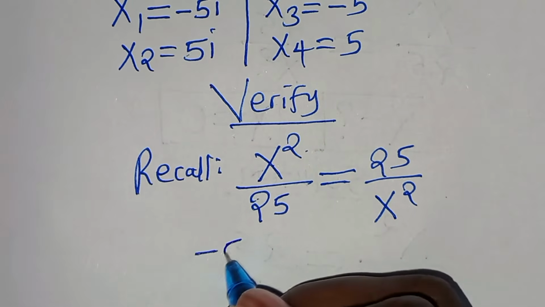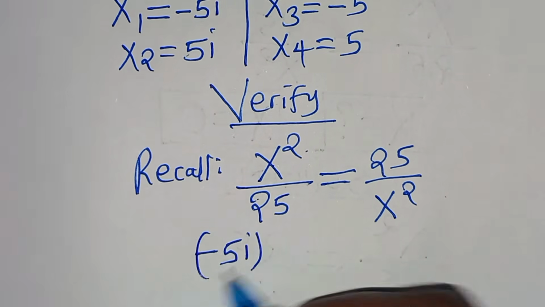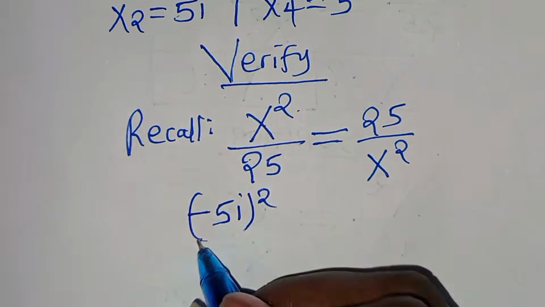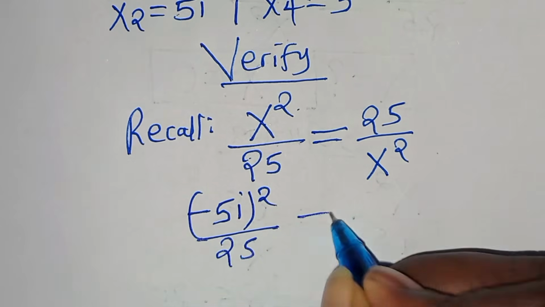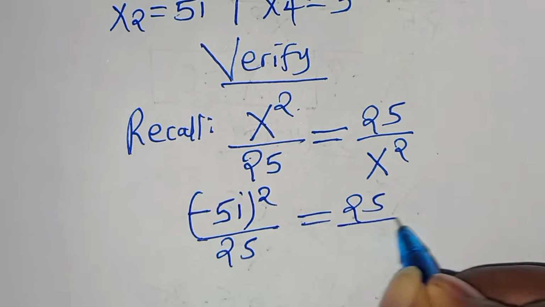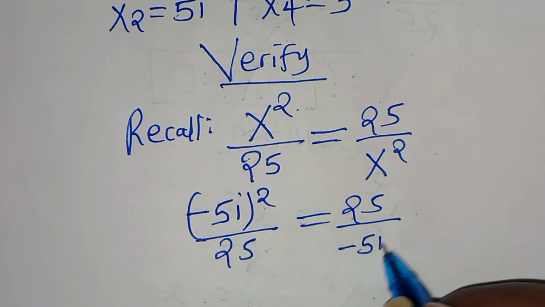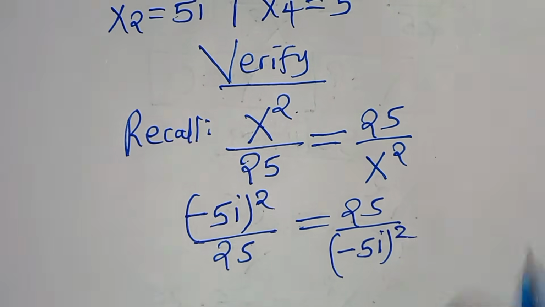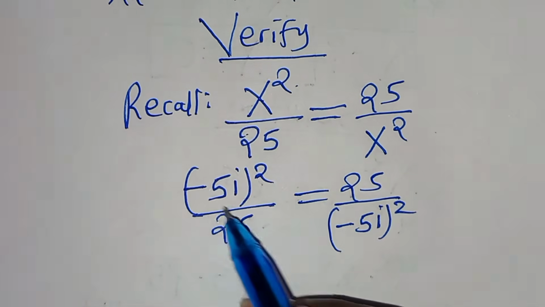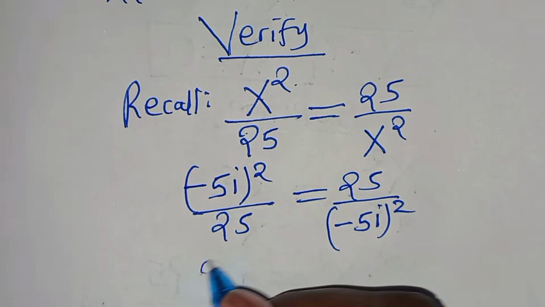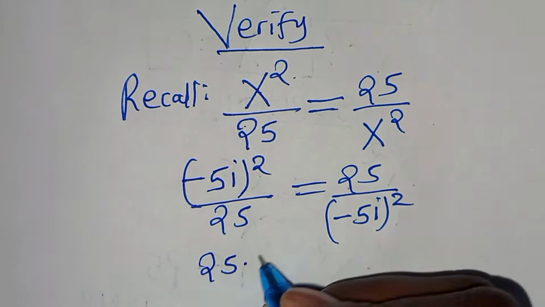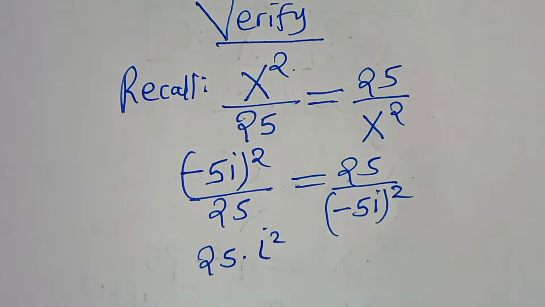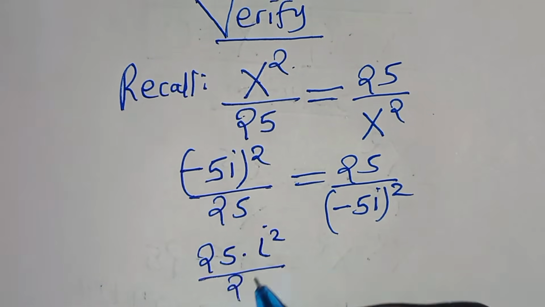So we have (minus 5i) raised to the power of 2 divided by 25. This is equal to 25 divided by (minus 5i) squared. Now, minus 5 squared is 25, multiplied by i squared, divided by 25.